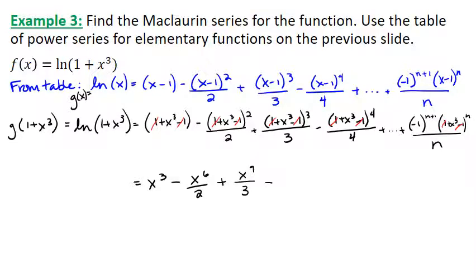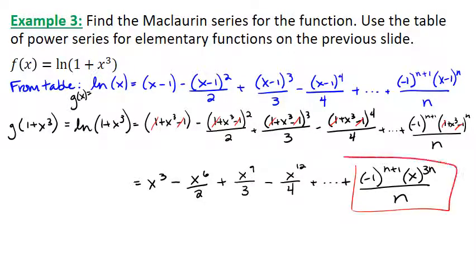Minus, this gives me x to the 12th over 4. Plus, over here, I have negative 1 to the n plus 1 power times x to the 3n all over n.